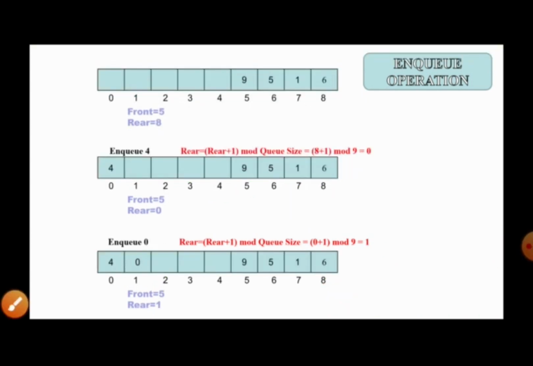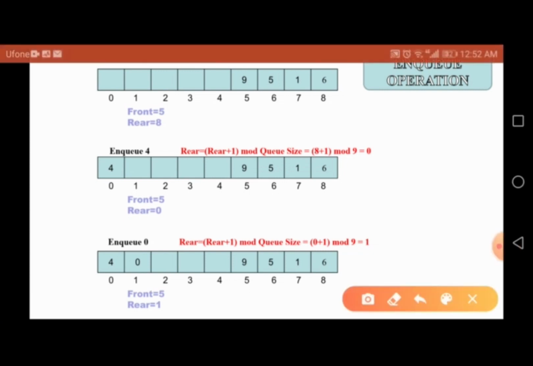Applying the same process, consider another example, when front is at index 5 and rear is at index 6. Now if we enqueue a new value, like the value 4, and the queue is not empty, then we apply the formula rear is equal to rear plus 1 mod queue size.